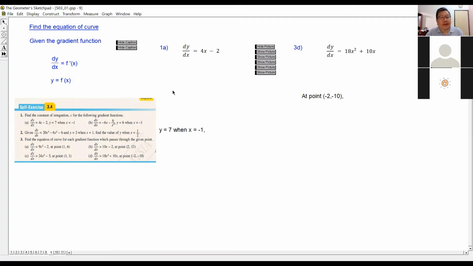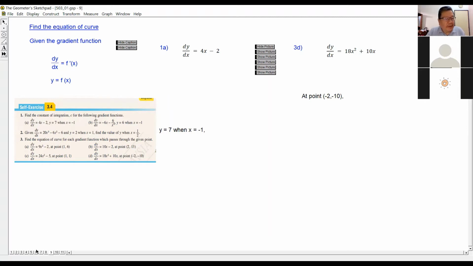Okay, so we look at one example, number 1a. This is a question from your textbook. Find the constant of integration c for the following gradient function. They want to find the value of c.